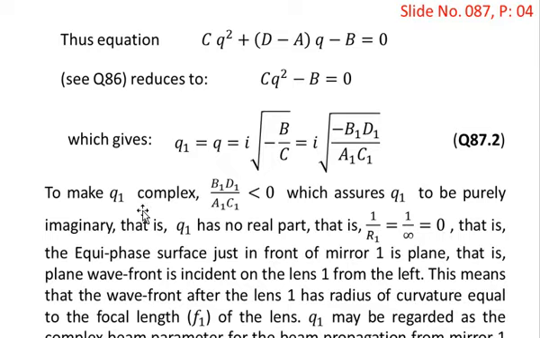But you know that Q1, which is the complex radius of curvature, has to be a complex quantity by definition. It should not have any real part. It should be purely complex.